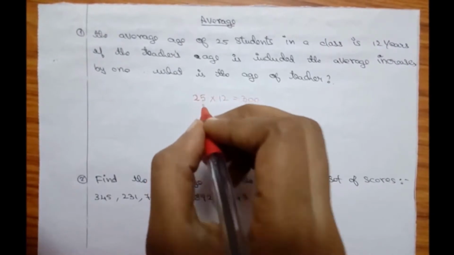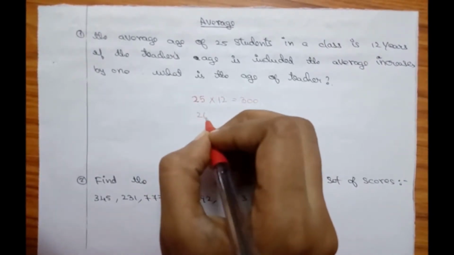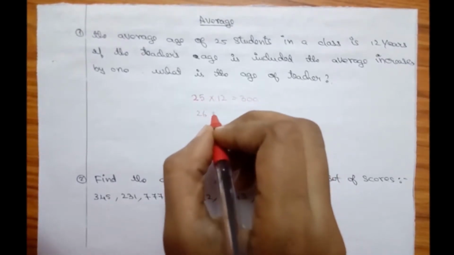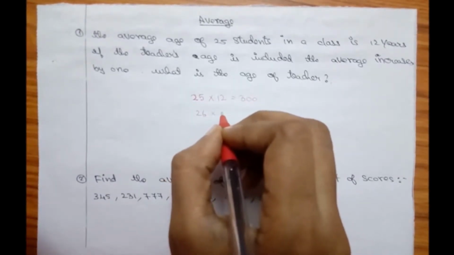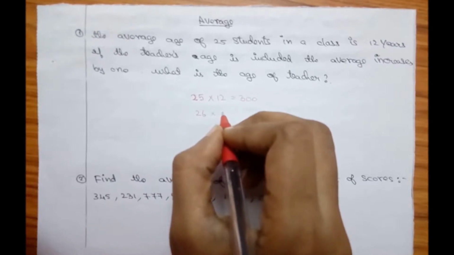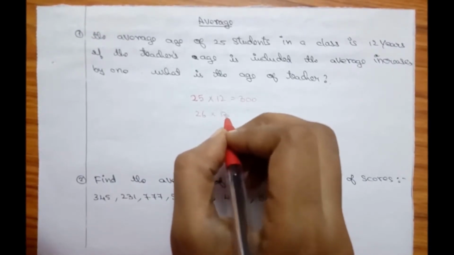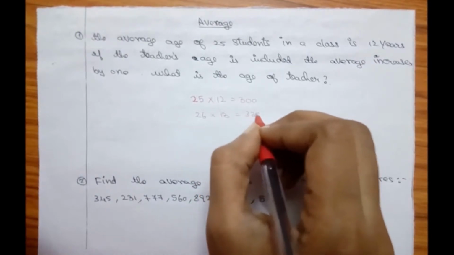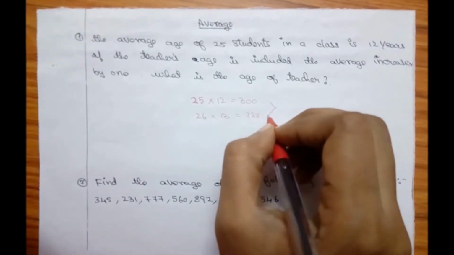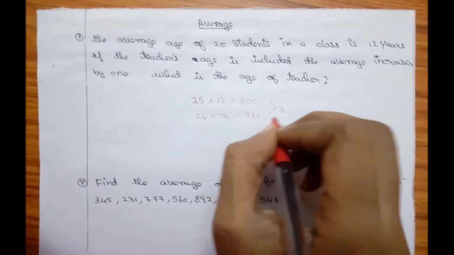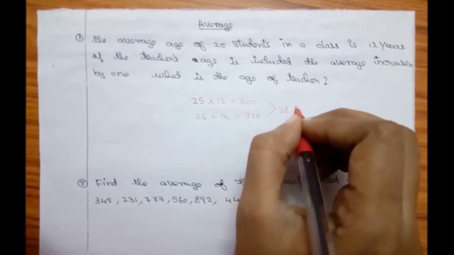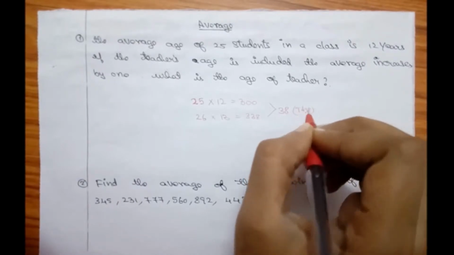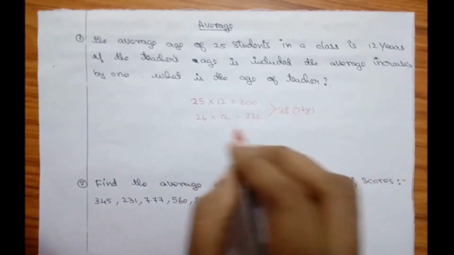That is 25 students plus 1 teacher gives me 26, and the old average was 12, now increased by 1 after the teacher's age is included. So multiplying these two numbers, I'll get 338. Now if I subtract these two total sums, I'll get 38, which is the age of the teacher. So now we have got the answer.